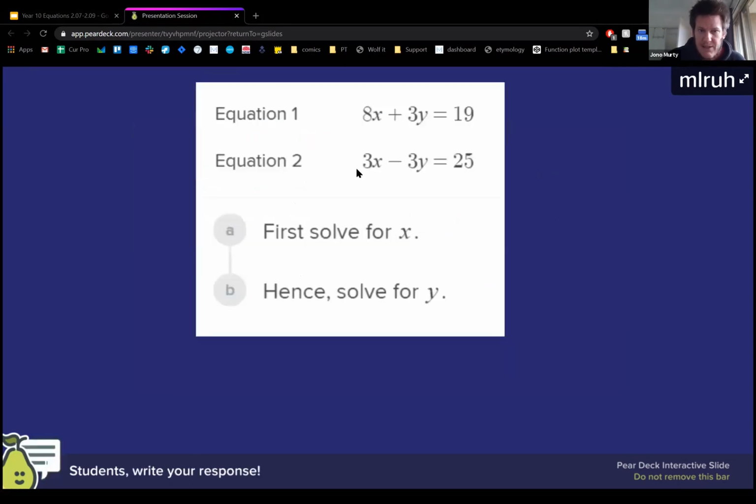Now let's use that method to solve for x first, and then we can solve for y. So remember, we want to add equation 2 to equation 1. I'll slowly work through it as well.